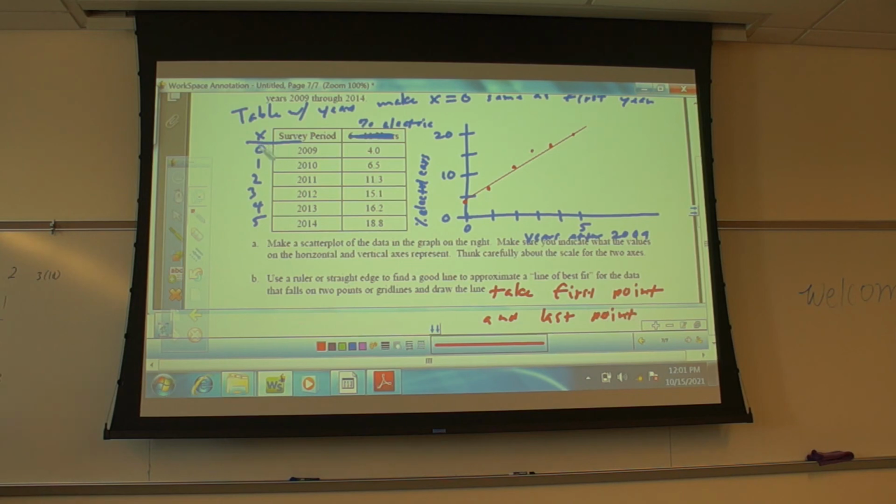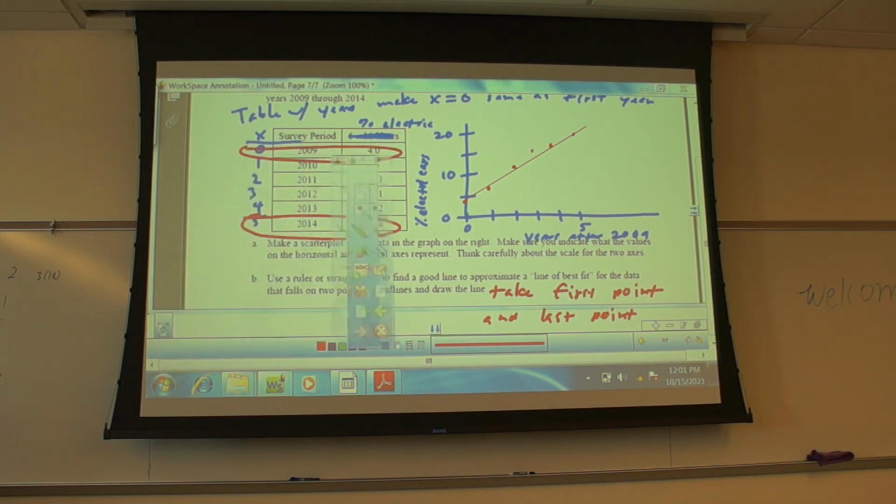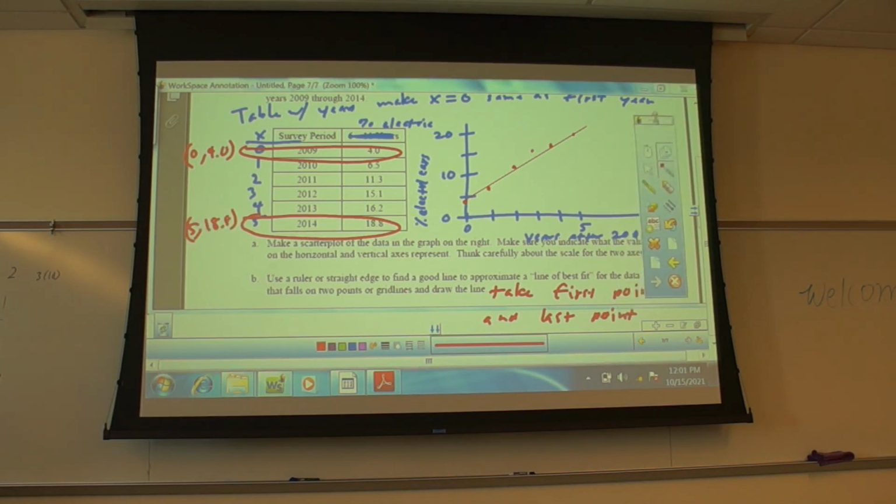Take the first point and last point. So it's going to be 0, 4.0, and 5, 18.8. Those are the 2 points I want you to use. The first and the last.